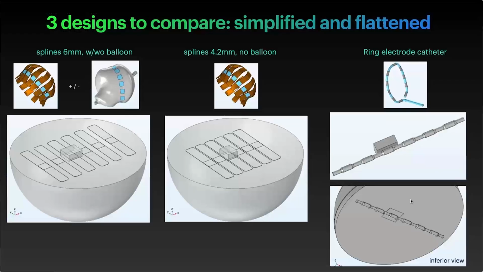The spline system, a tighter spline with 4.2 millimeters with no balloon. Hopefully, if the splines are close together enough, then that does the same thing as the balloon membrane, so that's the motivation there. And then the typical ring electrode catheter, and it's all been flattened out. It's not circumferential. We'll do that later with the true anatomy.